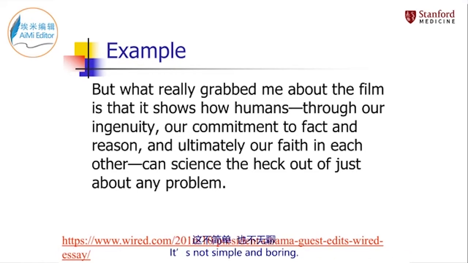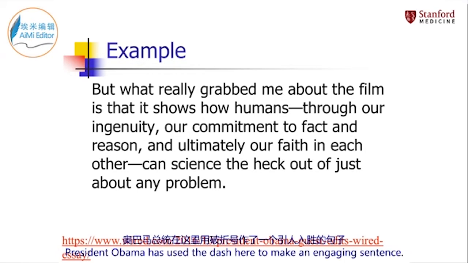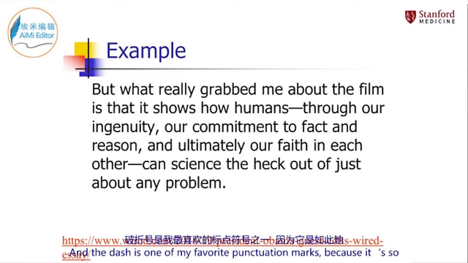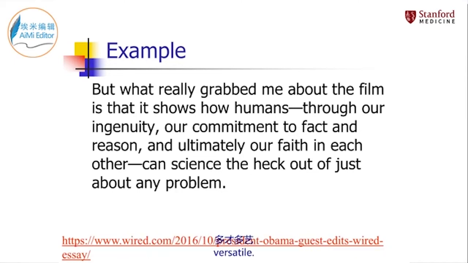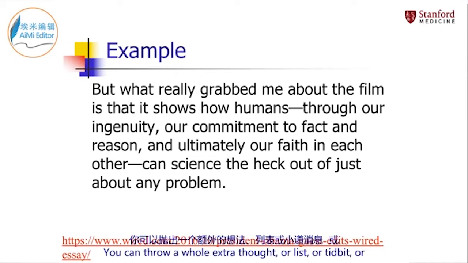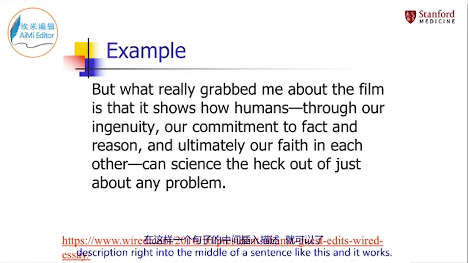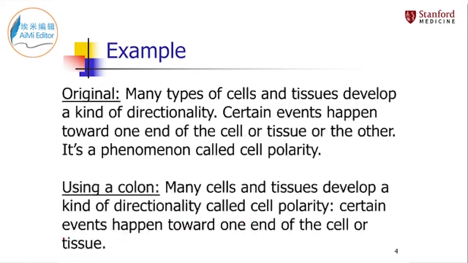It's not simple and boring. President Obama has used the dash here to make an engaging sentence. And the dash is one of my favorite punctuation marks because it's so versatile. You can throw a whole extra thought or list or tidbit or description right into the middle of a sentence like this, and it works.